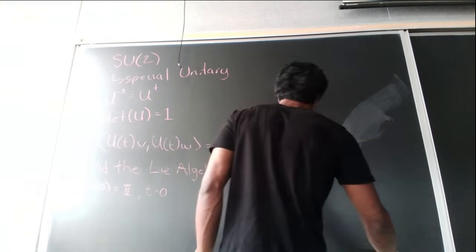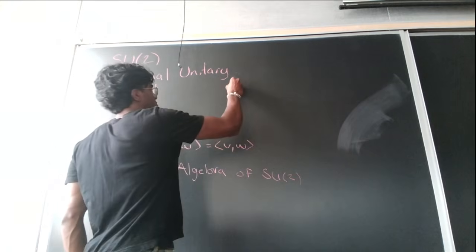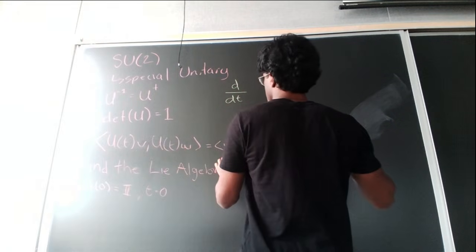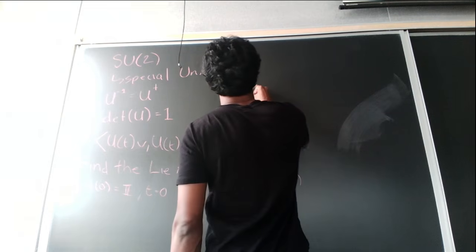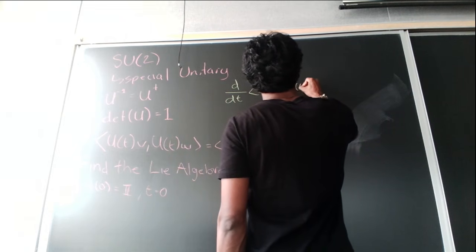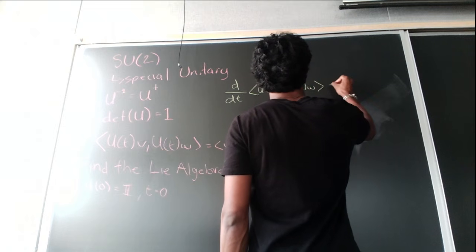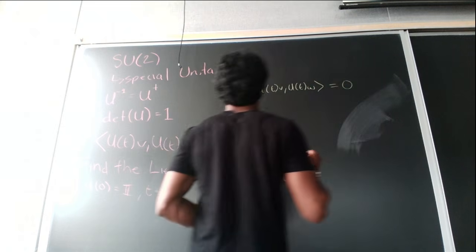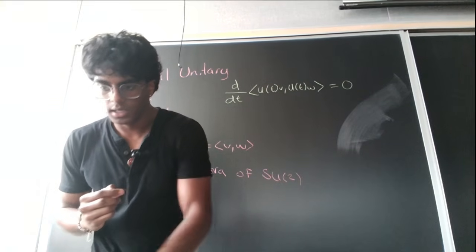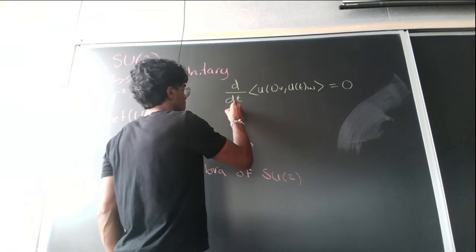Okay. So first thing we could do is take the derivative with respect to t on both sides of this. This is going to be 0. So then we just get that it is equal to 0. And then, yeah.